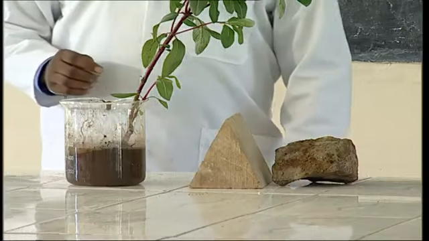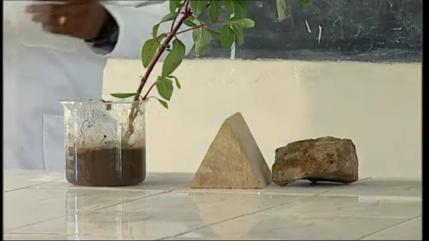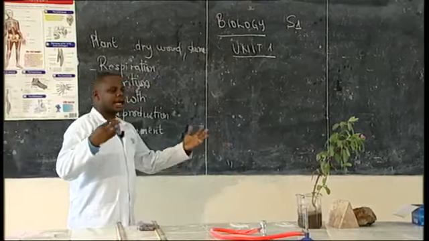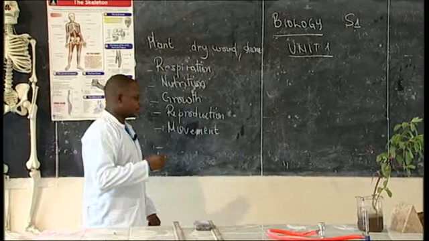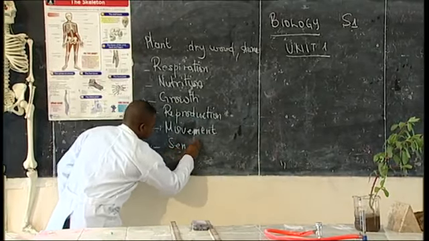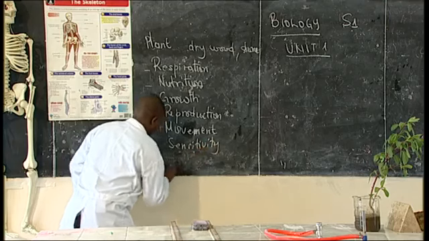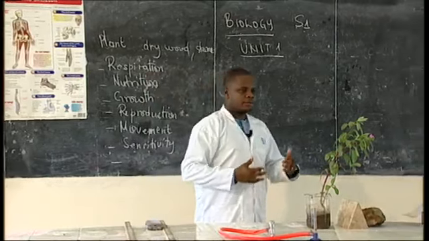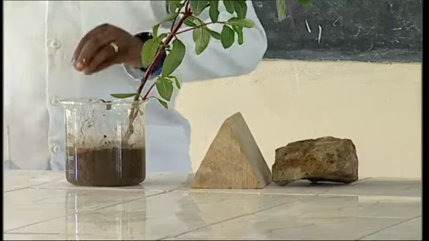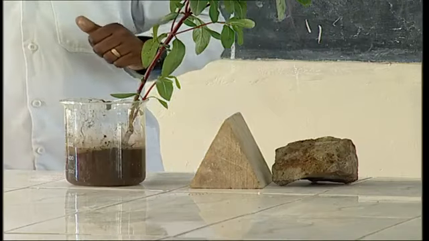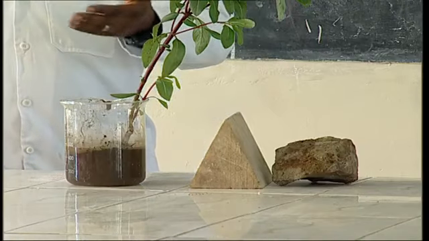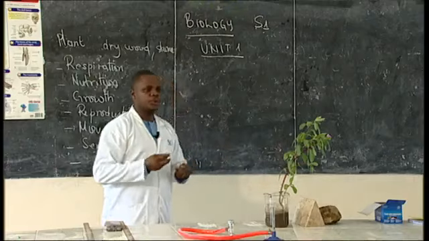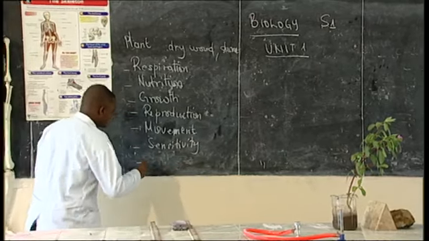This plant gets light, which means it can sense the environment. As time goes by, I see water within this container decreasing, which means it gets water and then it uses it, and part of it can be lost through leaves.